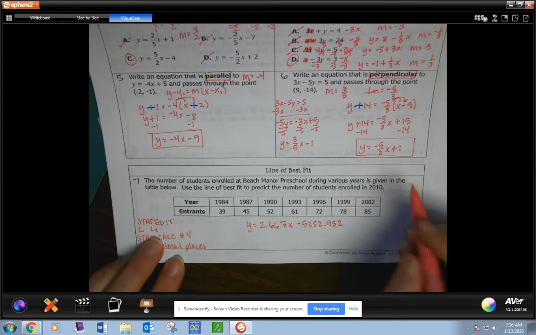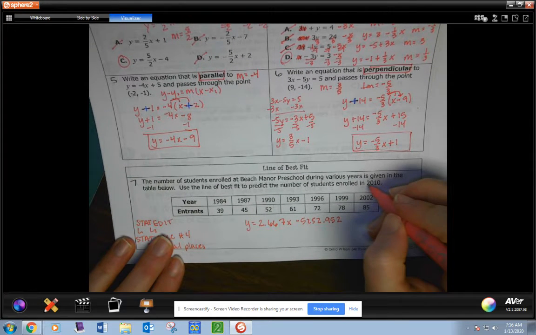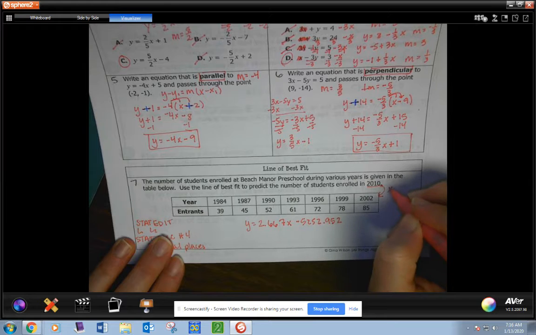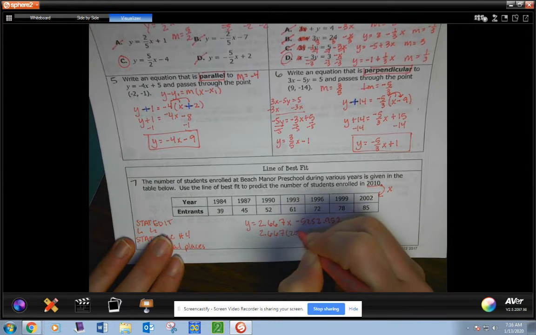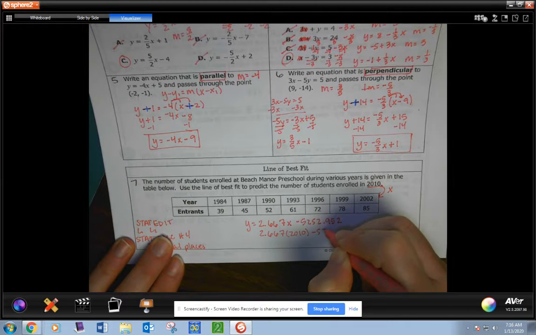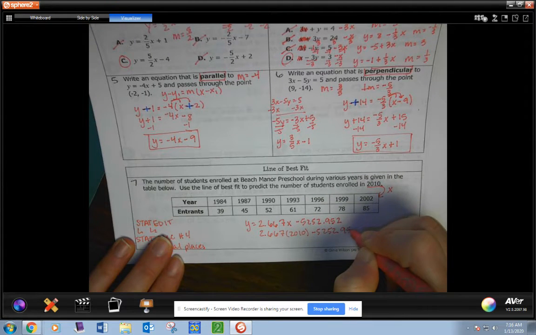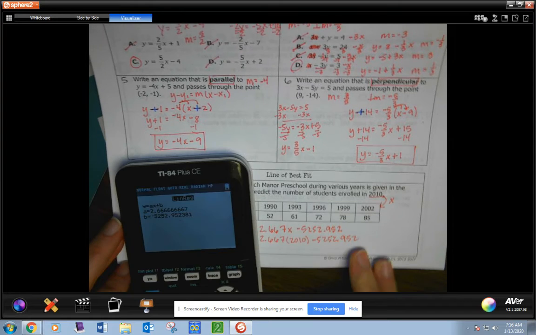So now, since they want me to get how many students are in 2010, 2010 is years, which means they gave me x. So we're doing 0.667 times 2010 minus 5252.952. And we're going to just use our calculator for this.